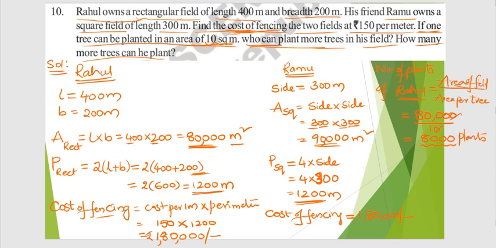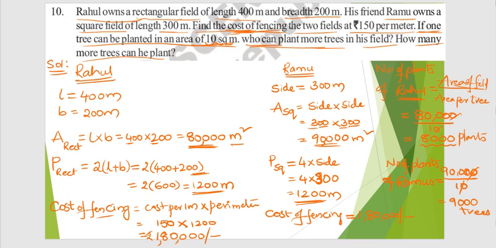The same way, the number of plants of Ramu. So the number of plants of Ramu is equal to, same formula, the area of the field, how much? His field is 90,000 divided by the per tree area, which is nothing but 10. So totally how much? So 9,000 trees.